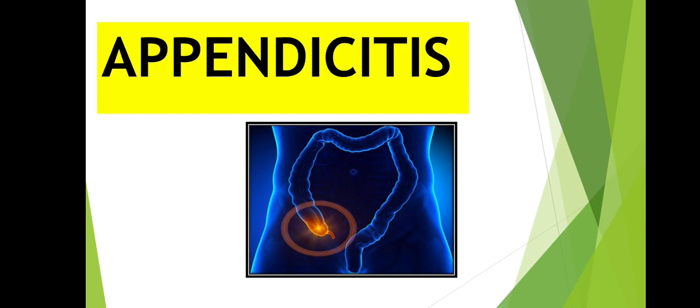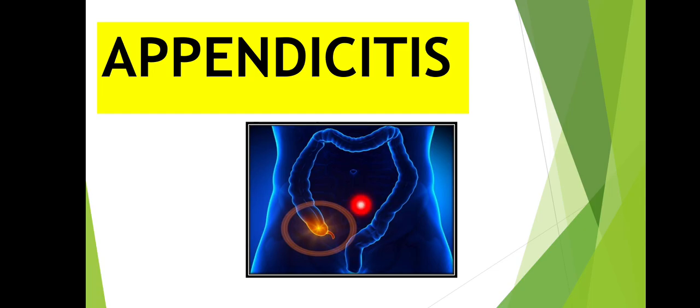Most of the functions of the appendix are not very well known, but some literature has suggested that the appendix plays a critical role in immunity, because it stores some important bacteria we call normal flora. So now let's review what is appendicitis and what follows.